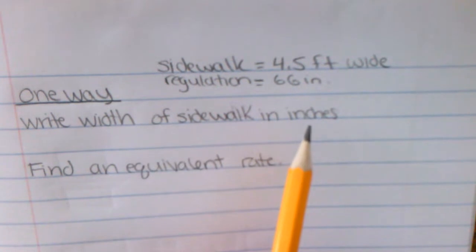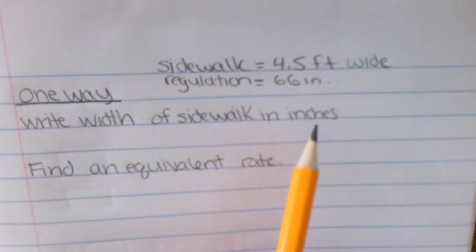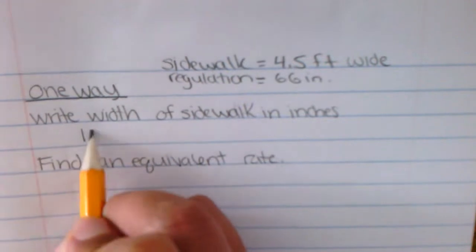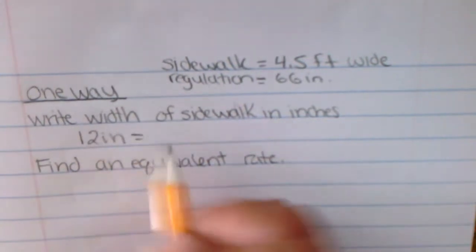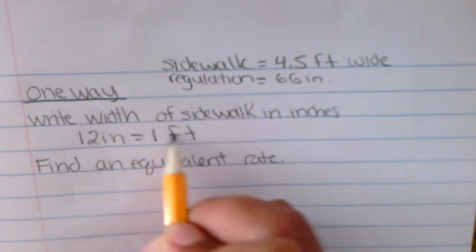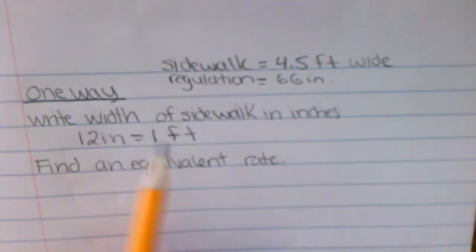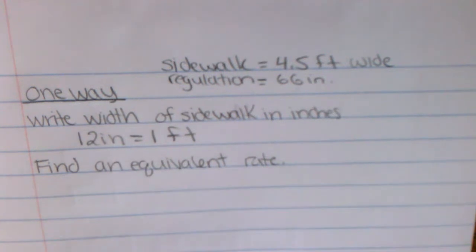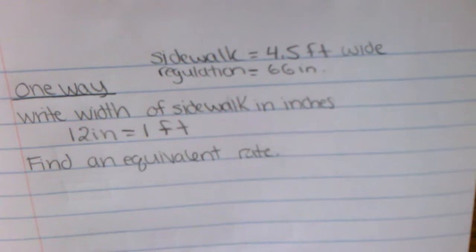So when we looked at the customary units table, we saw that 1 foot is 12 inches, or 12 inches equals 1 foot. So we can use this to find an equivalent rate.